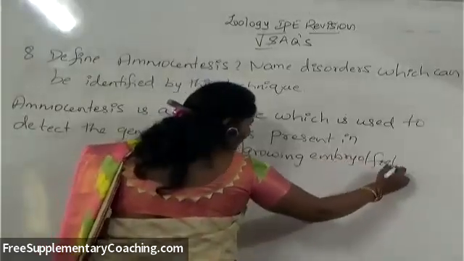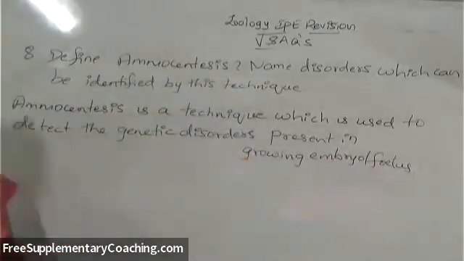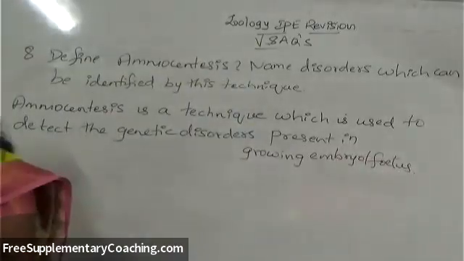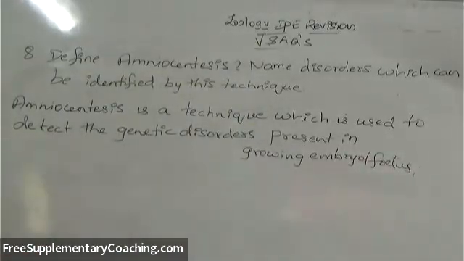Actually, with this technique, they will collect the specific cells present in the amniotic fluid, the stem cells, and in those cells mainly they will detect the genetic defects. That means they identify the abnormal genes, so that they are able to prevent many genetic disorders at the embryonic or fetal condition itself.